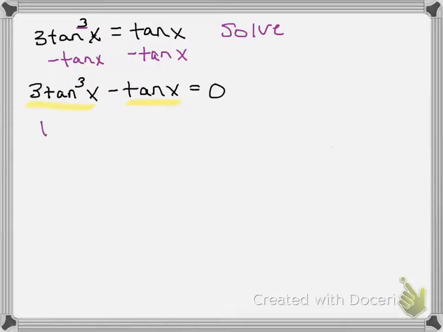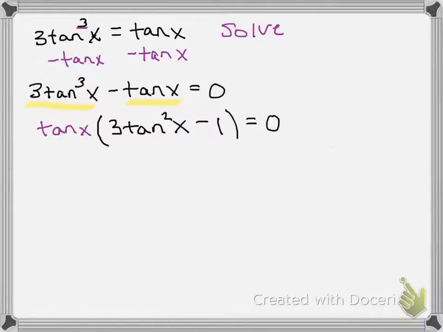So I'm going to go ahead and do that, and I'm going to write that in purple so you can see what I did. And then what that would leave for me is 3 tangent, and if I pull one of the tangents out of that tangent cubed, I'd still have tangent squared x minus, and if I pull tangent out of tangent x here, I would end up with just 1. And this is going to be equal to 0.